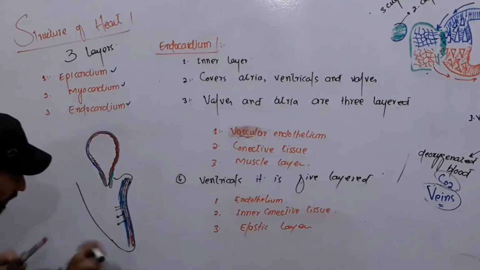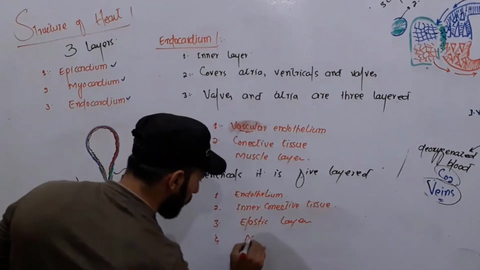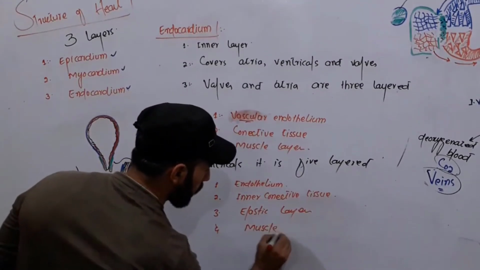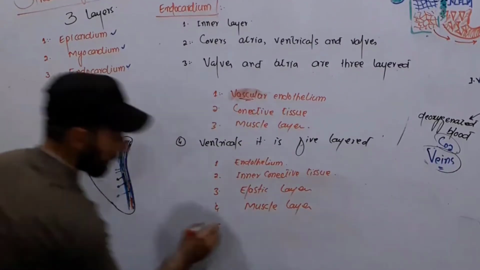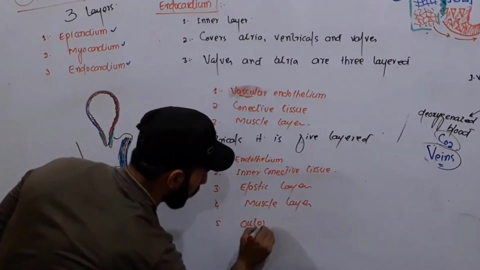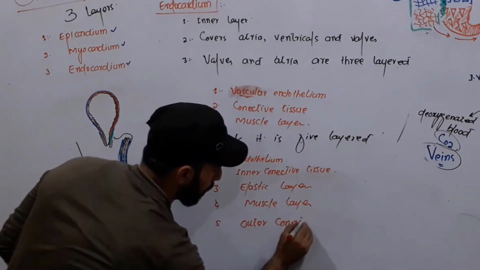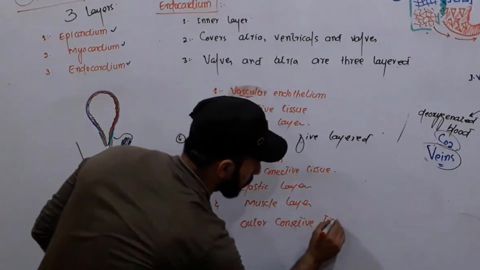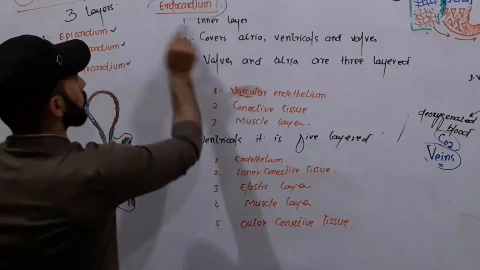Then this fourth one, this red one, if you see, is the muscular layer. And the last one is the outer connective tissue layer. Clear? So this was about endocardium.